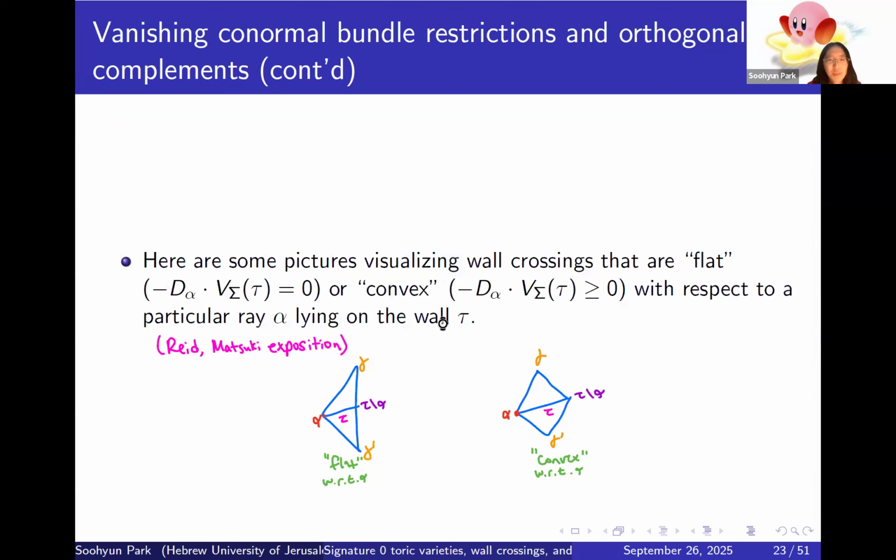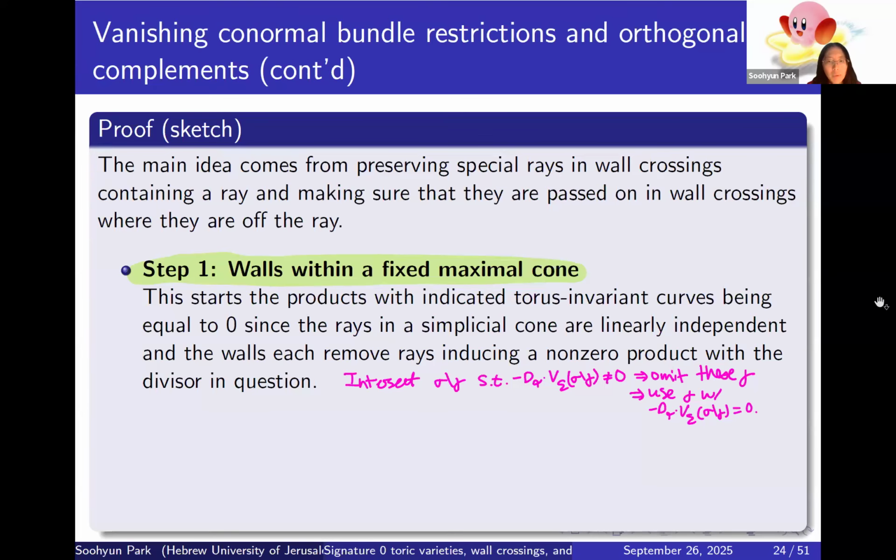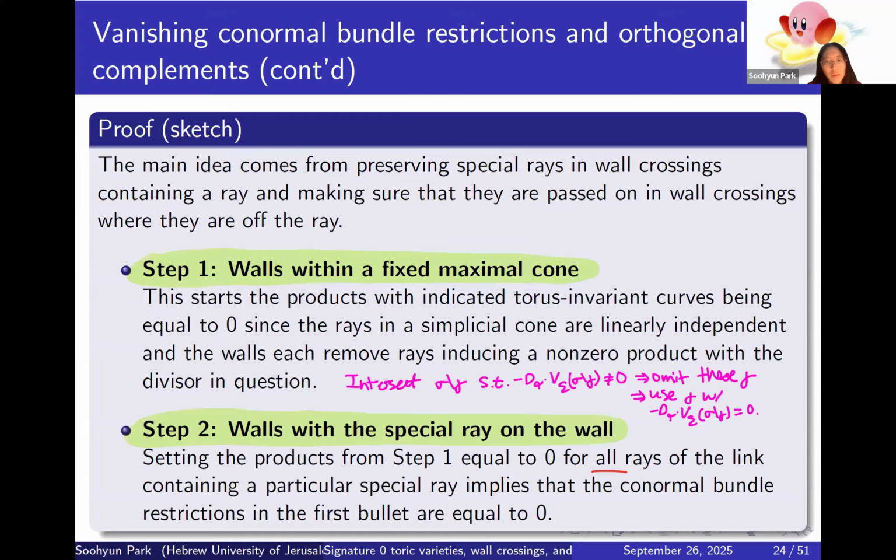And so it might seem reasonable that we end up with products of this form or this form, where the walls come from removing a special ray from a maximal cone. And because we want this to occur for any possible wall containing a particular special ray, we're intersecting all the spans of all the walls with that non-zero intersection product.